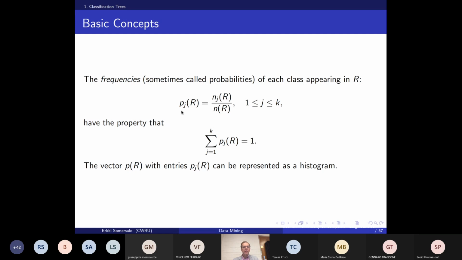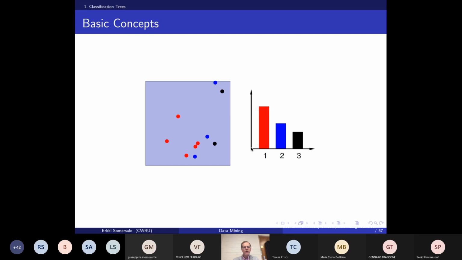In frequentist probability, you can think that you pick one of the data points randomly, and then you ask what is the probability of that belonging to class j, and the probability is pj. So the sum of the pj's is equal to 1. Then we use this picture of histograms here.